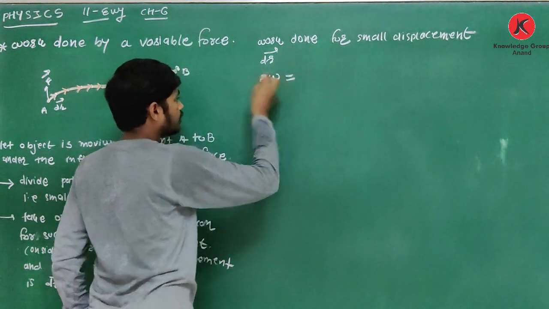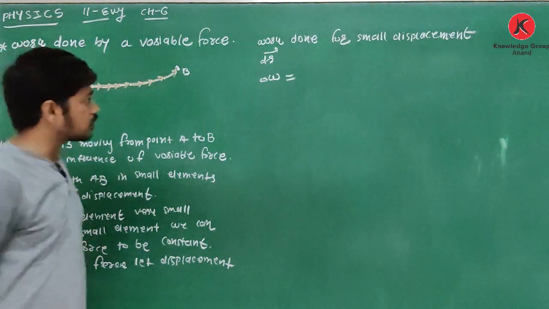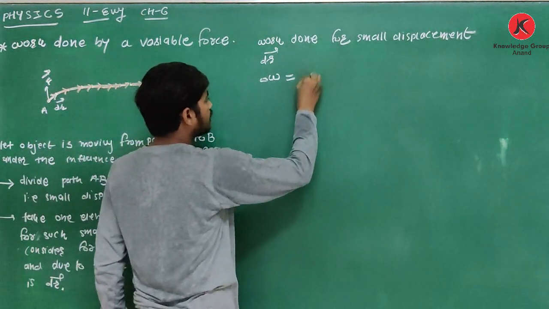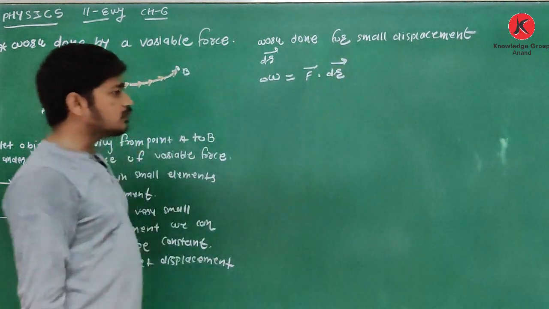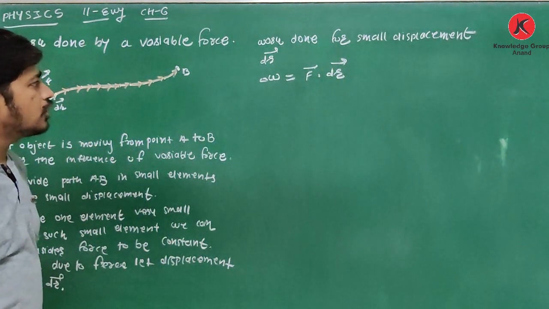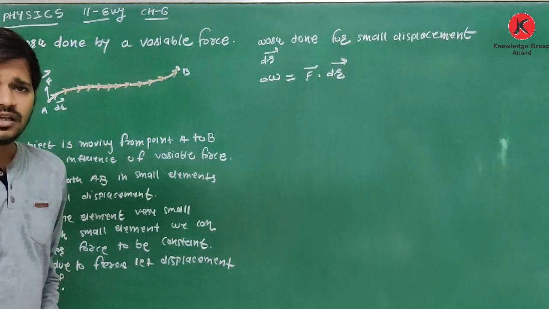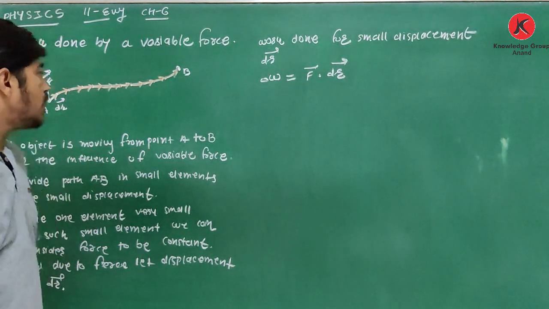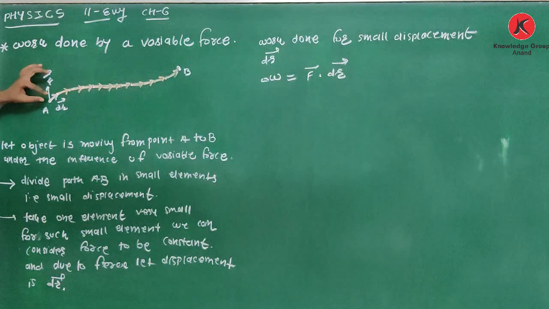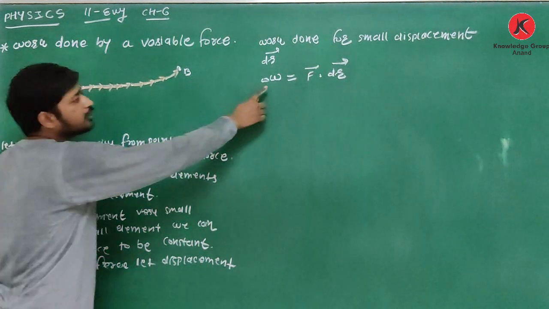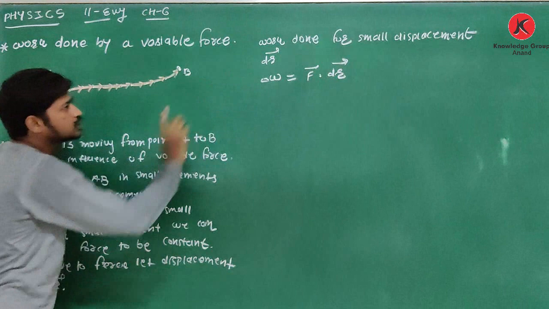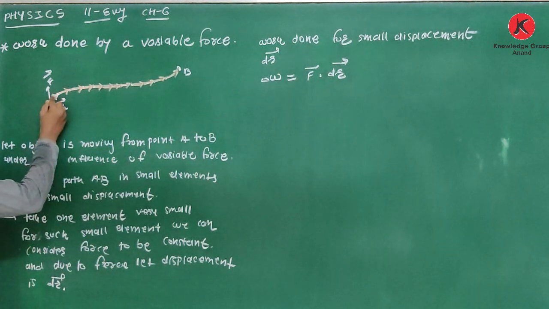Delta W is equal to F dot dr. Clear about this? Yes or no? It is only the work to bring this particle from this point to this point, that is, this small displacement. Delta W is the work done for displacement dr.